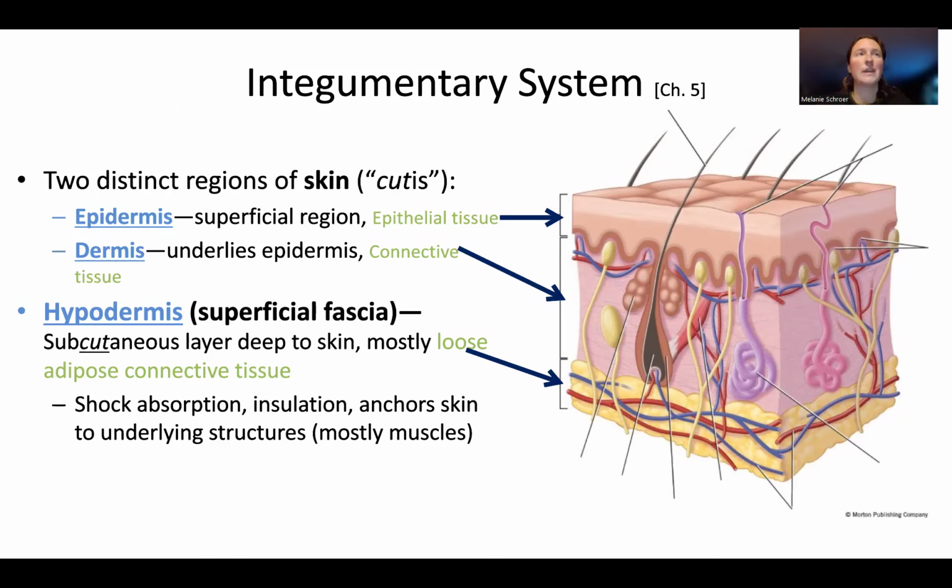Right, so essentially it provides a little bit of padding for the underlying tissues, the muscle, the bone. Of course, when this layer gets really thin, so you lose a lot of that subcutaneous fat, your bones kind of protrude a little bit more, and it's really easy to bump them on things and hurt yourself, right? So this extra little padding is actually protective. Insulation, so this fat layer is important in insulating the body temperature.